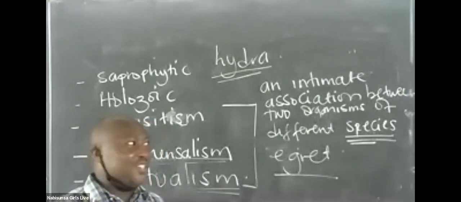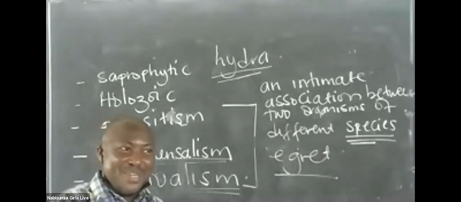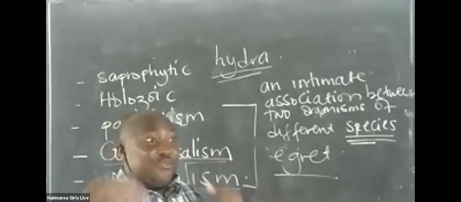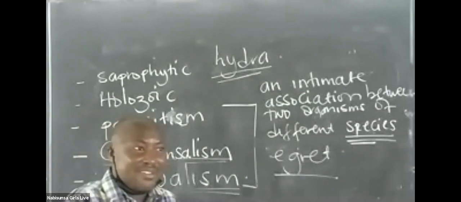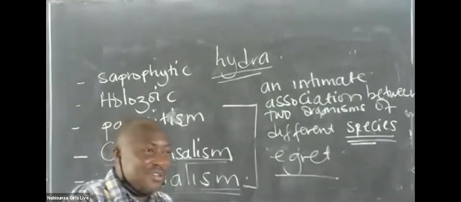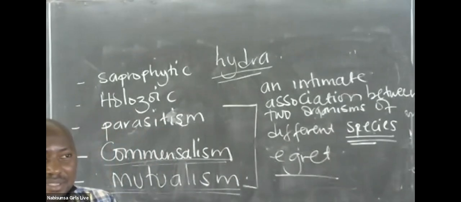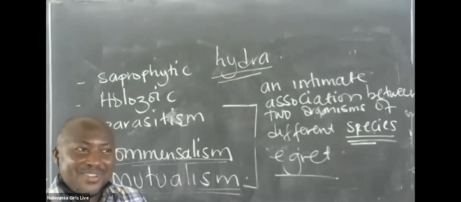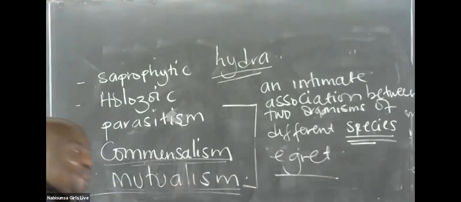That we might not be benefiting from that vitamin K. But the bacteria obtains food from what we take in. So we are housing it, we are giving it food, but we are gaining nothing from it. At the same time, it's not causing harm. Are you getting it? So meaning that it is under commensalism. We shall see some of these examples.